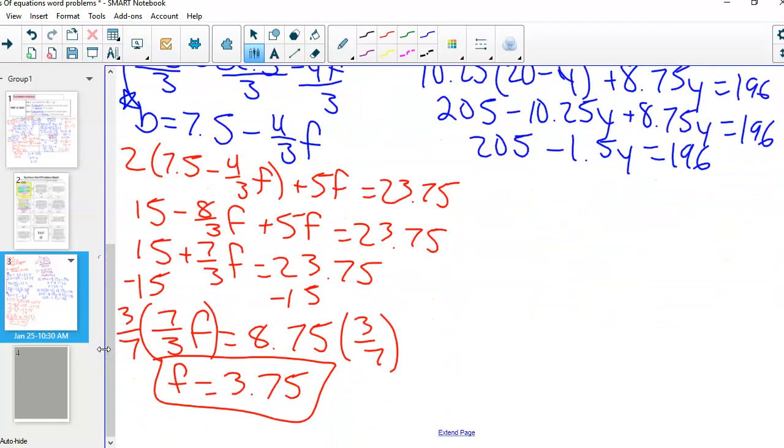And now we can subtract. $196 minus 205 is negative 9.